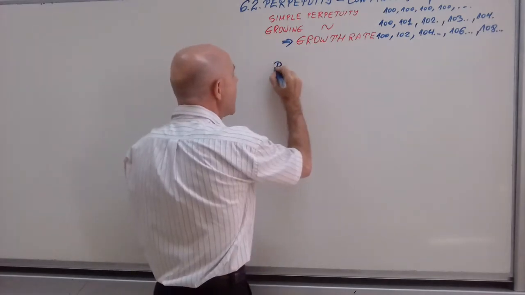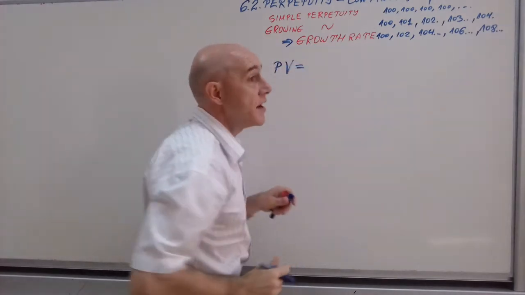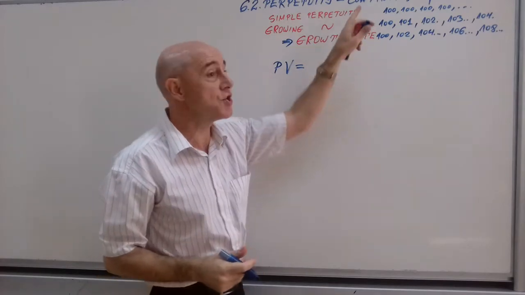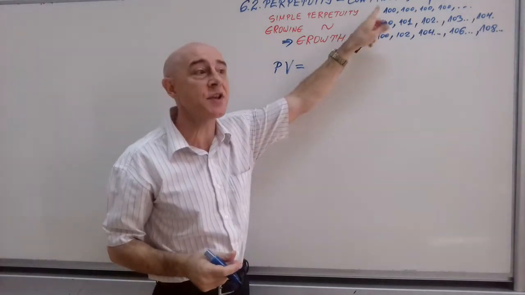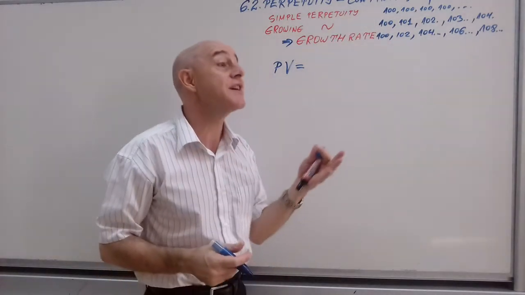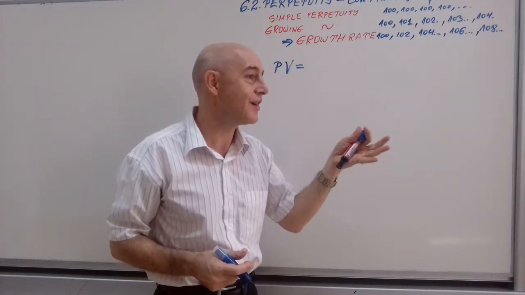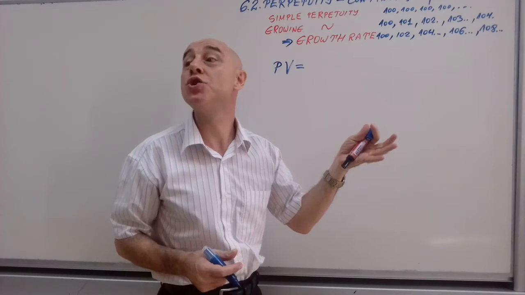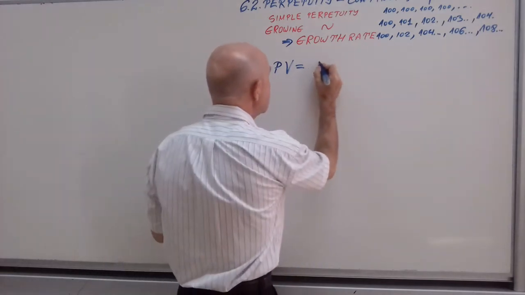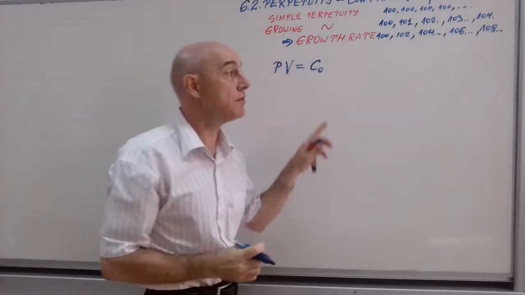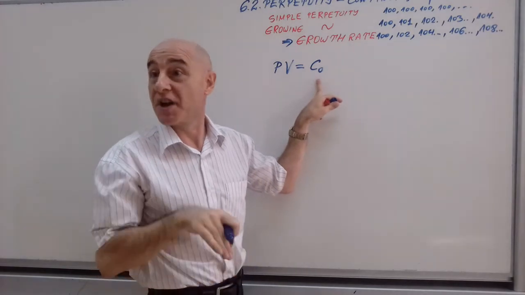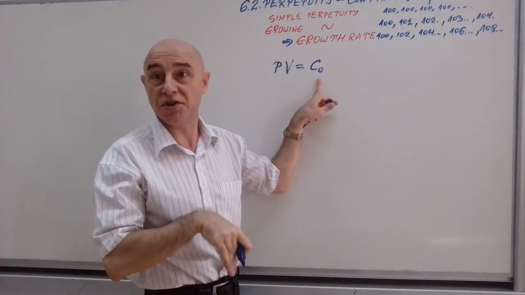Present value is simply the sum of the payments. We denote the payment with the letter C, standing for coupon. So it becomes C0, the current payment at period 0.